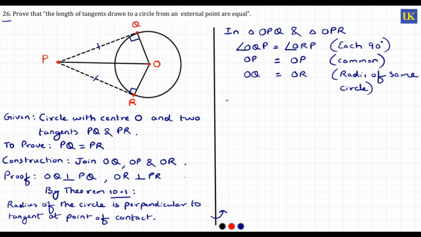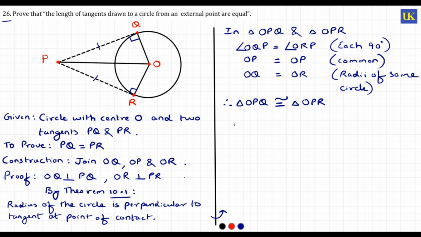So if you see here, now we can say that triangle OPQ is congruent to triangle OPR. And by which rule can we say this?